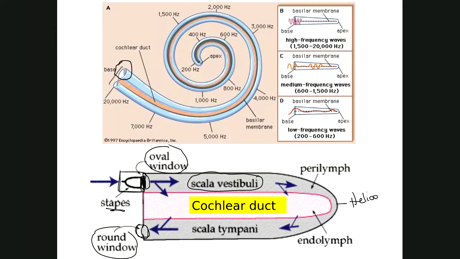So remember, this was bone out here, all the way around bone. So these two chambers have different names, even though they're continuous with each other. And remember, they have perilymph in them because it's between bone and the membrane.